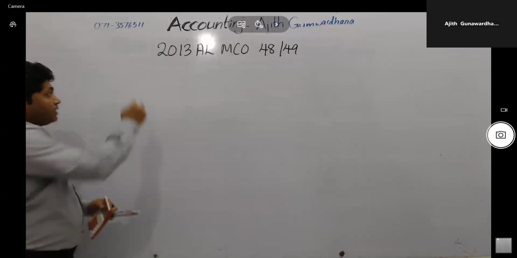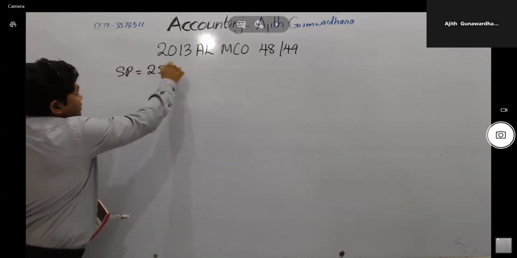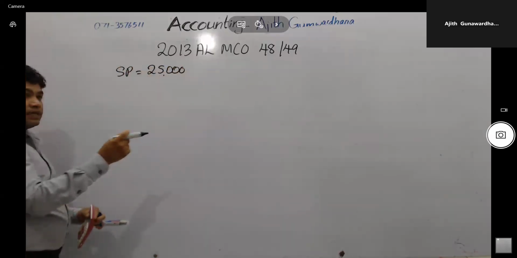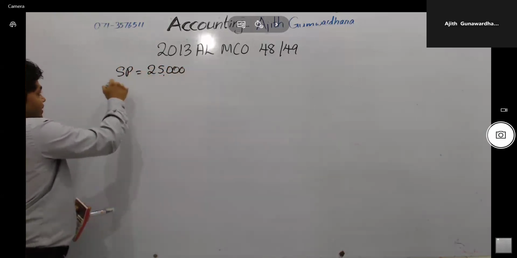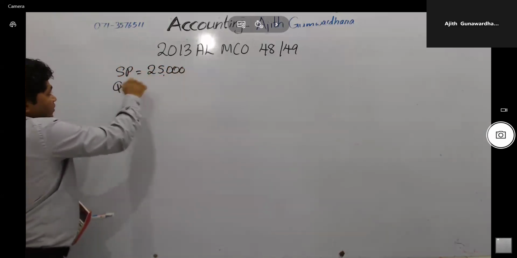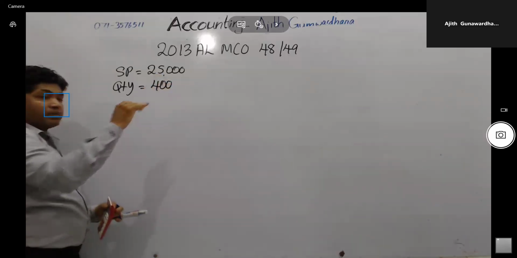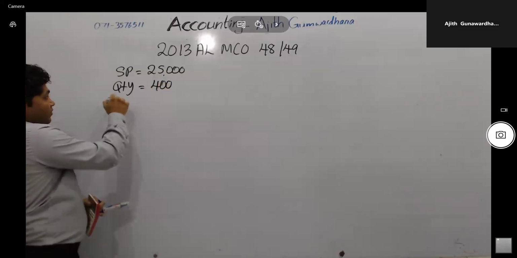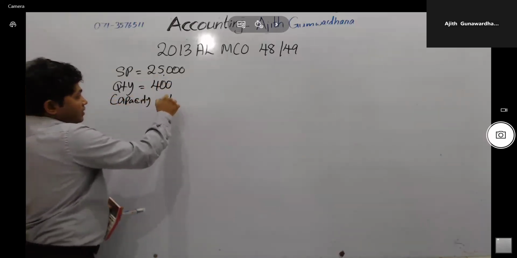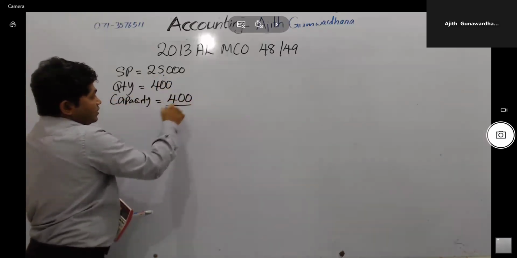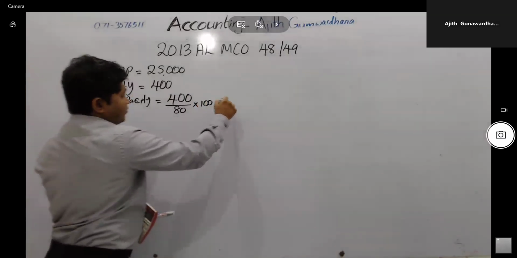The selling price is 25,000. Sales quantity is 400,000, which is 80% of its capacity. Therefore, capacity can be recognized: 400,000 equals 80%, so divide by 80 and multiply by 100. The sales capacity is 500,000.